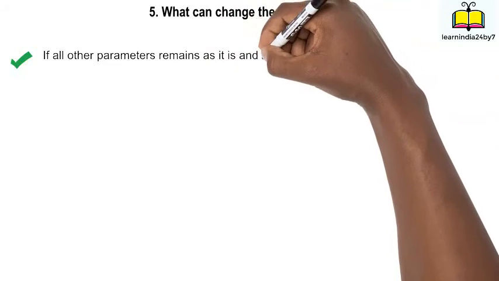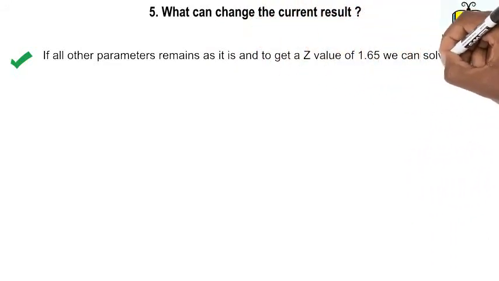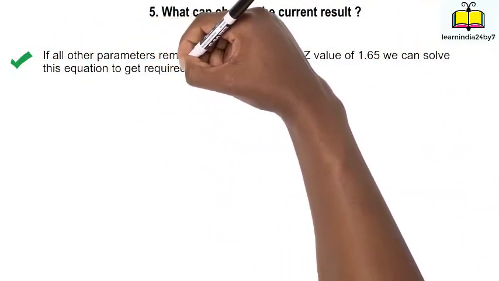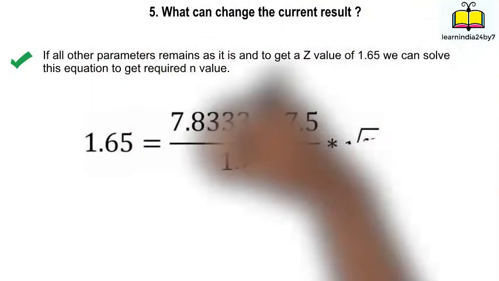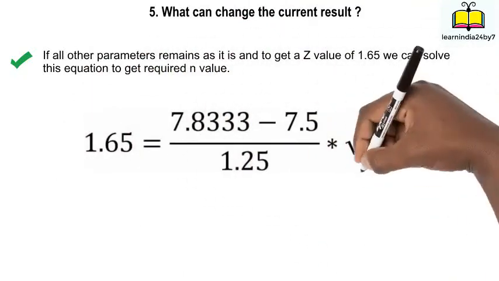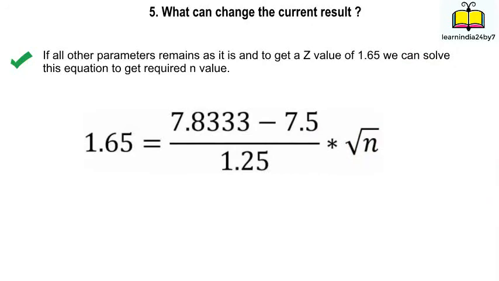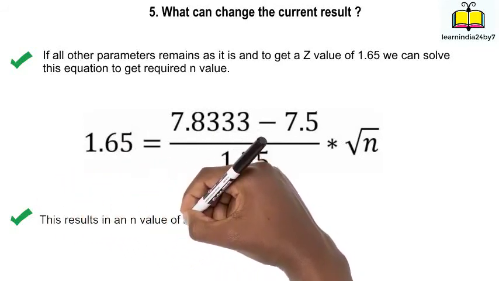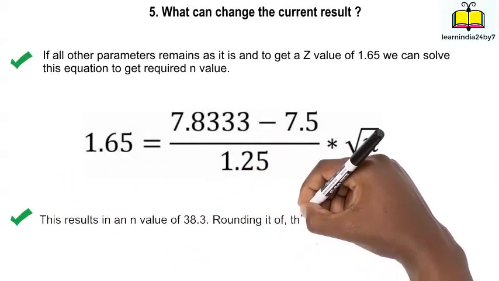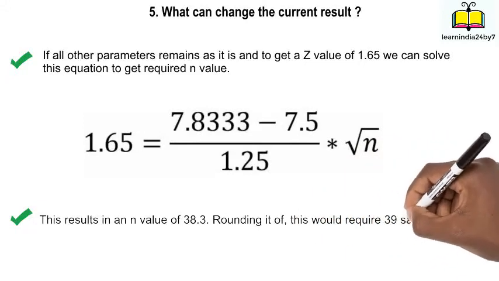If all other parameters remain as they are, to get a Z value of 1.65, we can solve this equation to get the required n value. This results in an n value of 38.3. Rounding it off, this would require 39 samples.